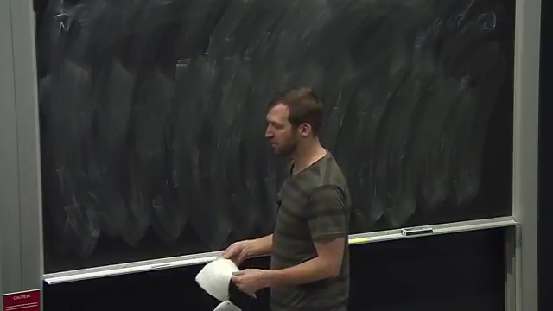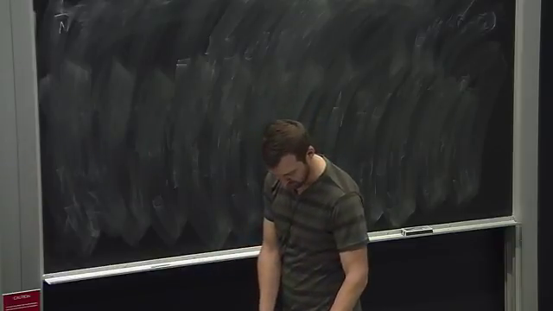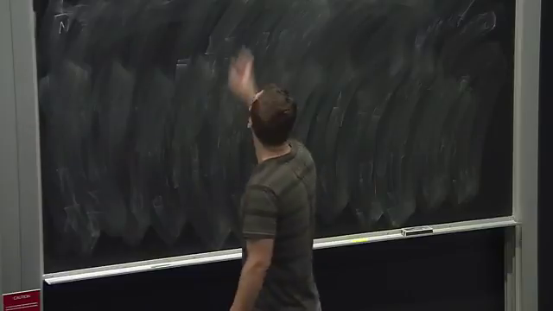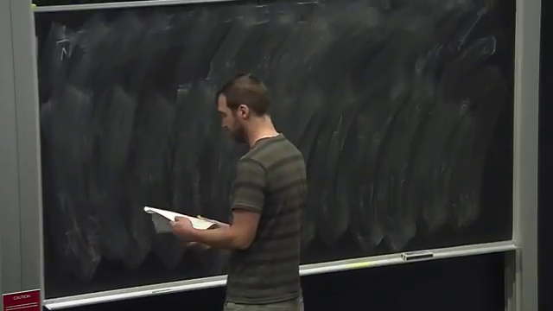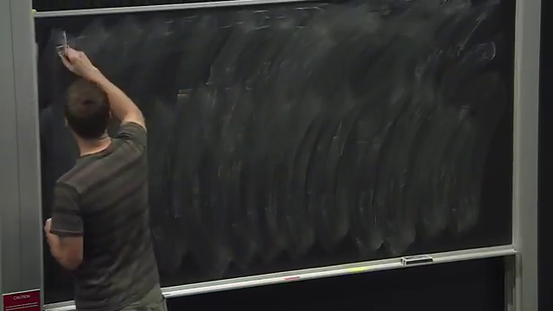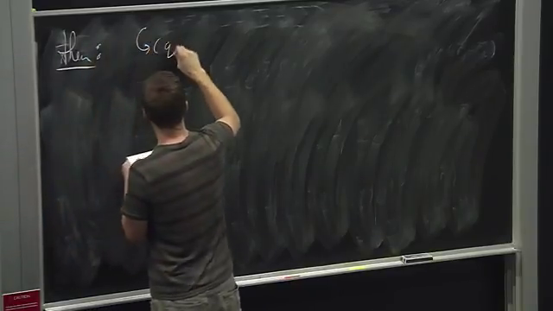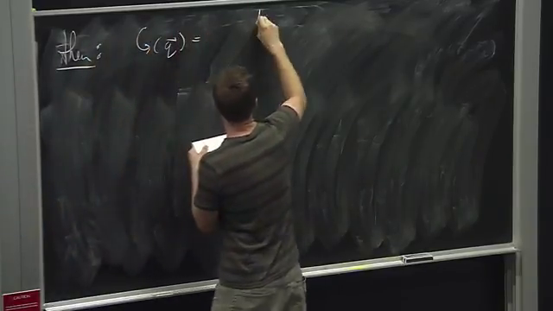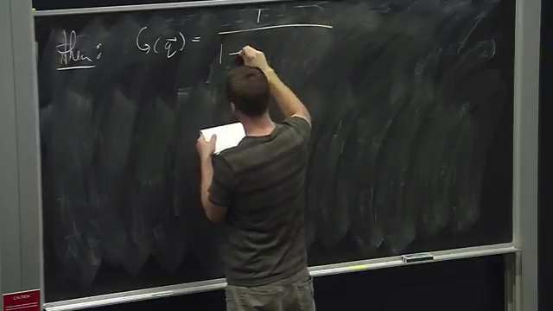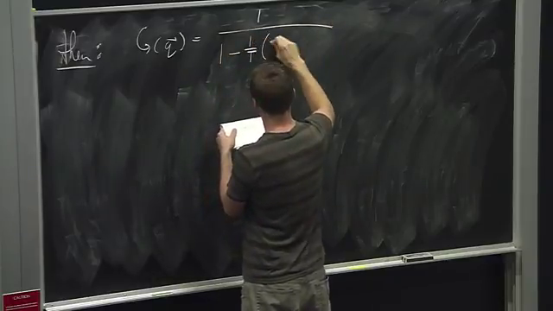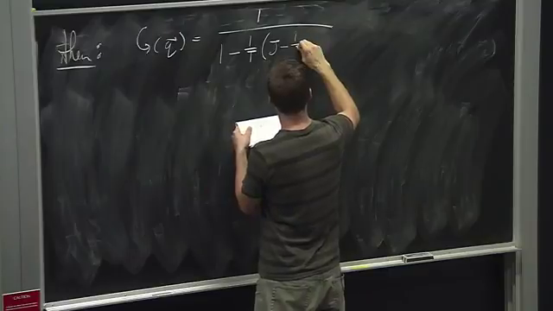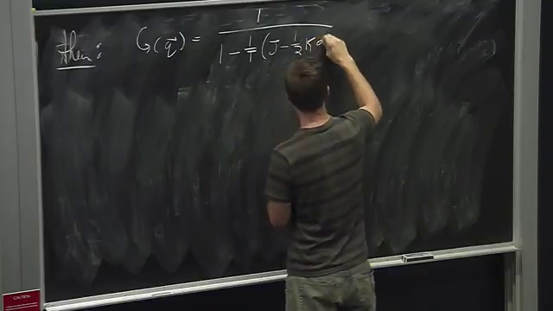So where am I? J of q. So then from that expression there, the two-point correlation function in momentum space, 1/2 kappa q squared.